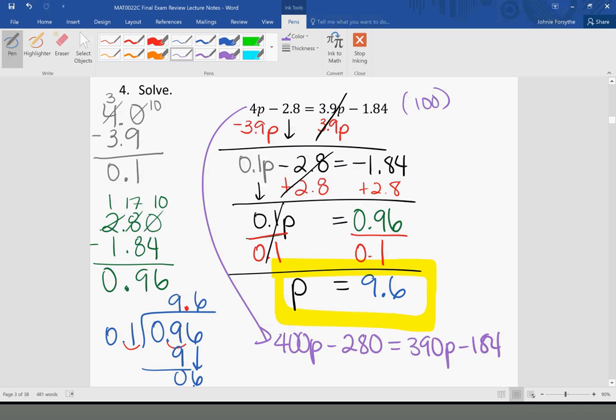If you solve that, you will end up getting the same answer of 9.6. So I would do that before changing them to fractions for the student who had the question about changing them.